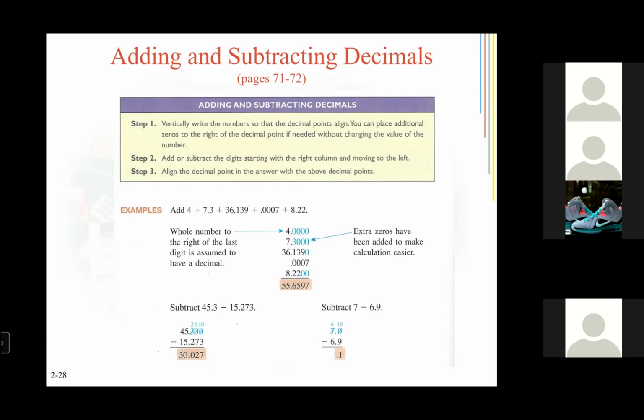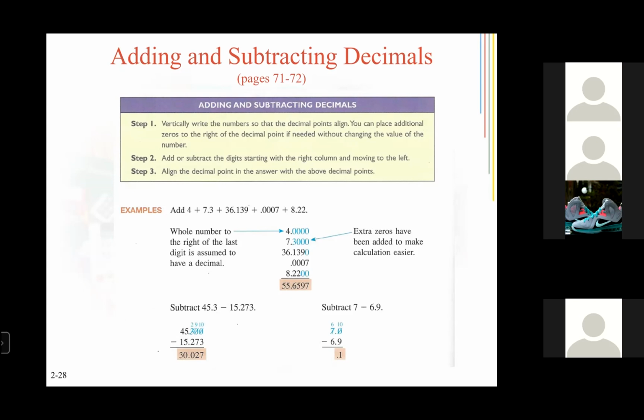So you make sure the decimal points line up, all the tenths line up, all the hundredths, thousandths, and the ones, the tens, the hundreds, so you don't have the different decimal places falling in the wrong section.